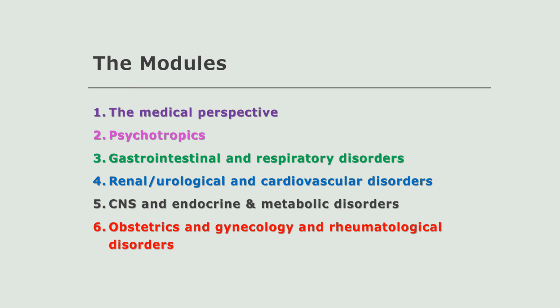In the sixth module, the most salient aspects of obstetrics and gynecology and rheumatological disorders, and lastly but not least, pain and substance use disorder will be reviewed in the seventh module.